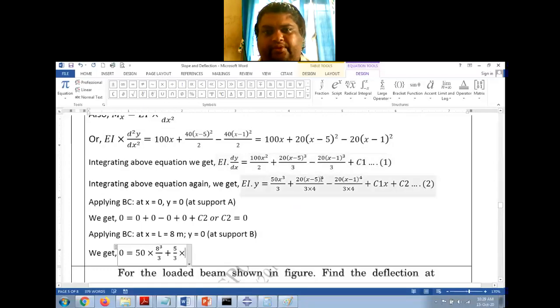into, this is 8. 8 minus 5 is 3. 3 raised to 4. Correct? Then what do I have? Again, this will become 20 and 4. It becomes 5 here. 5 by 3. There is a minus.